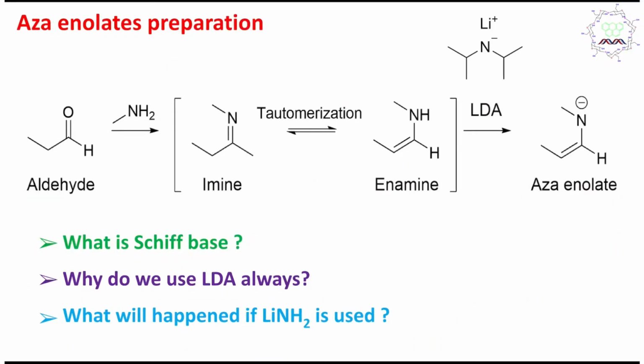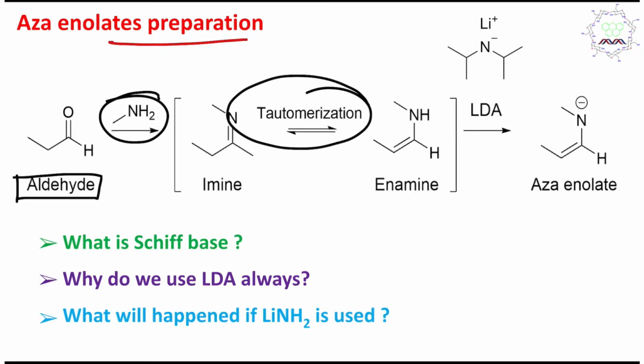Now, first of all, azaenolate preparation. In order to prepare azaenolate, first this imine is prepared from the parent aldehyde and amine, and this imine has a tautomerism with enamine. By the way, I have already discussed tautomerism in a dedicated lecture. You may visit for better understanding.